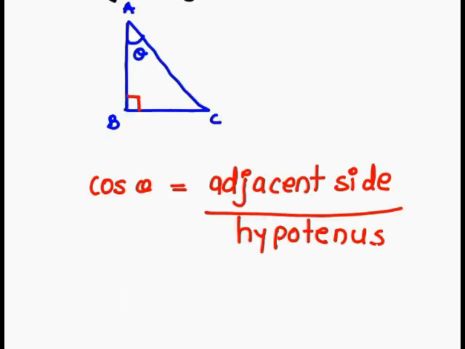So what is the adjacent side for this theta? The adjacent side is AB, and the hypotenuse is AC. So we get cos theta equal to AB upon AC.